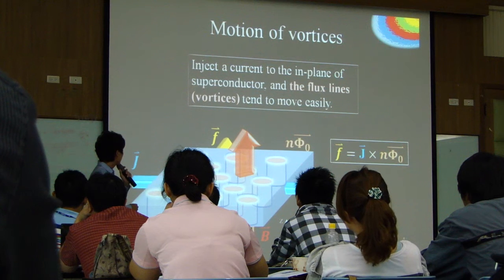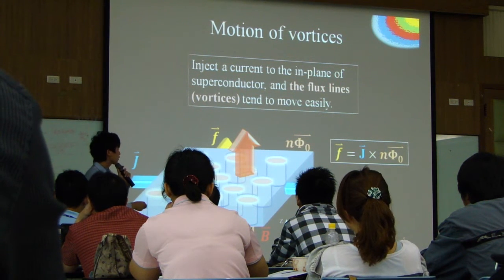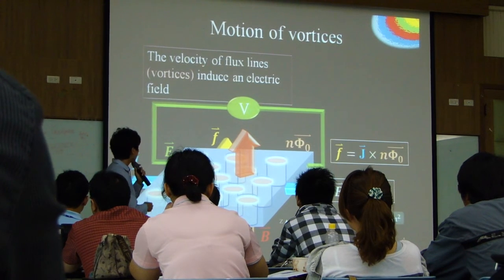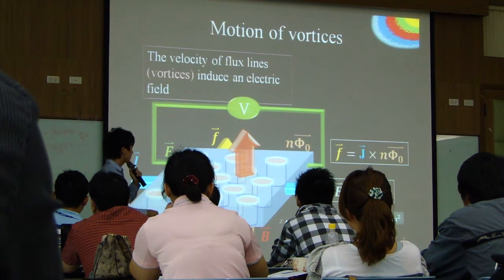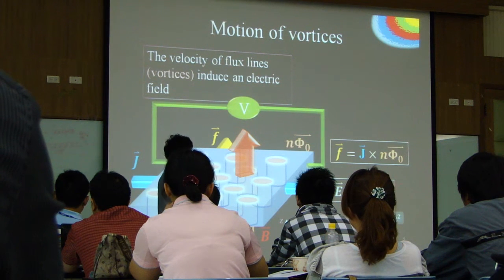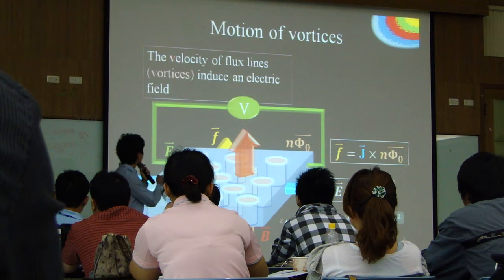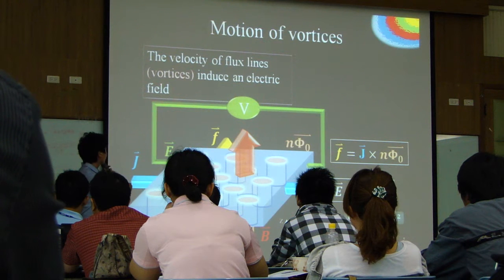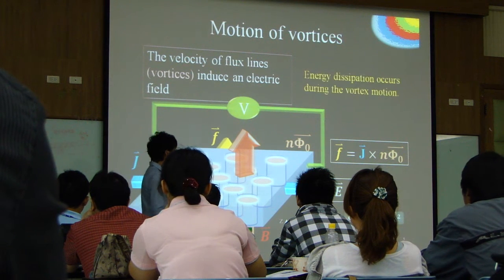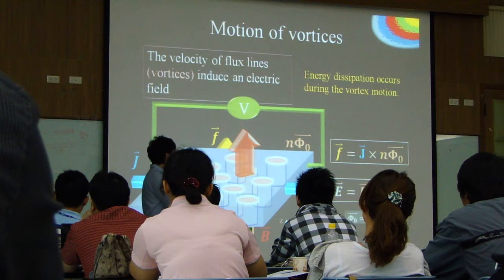We know this from this equation, and we know that the vortex moves. So the vortex will get a velocity. The velocity of the vortex will induce an electric field. So we can measure a voltage along the x-axis too. And this is our major technique too.